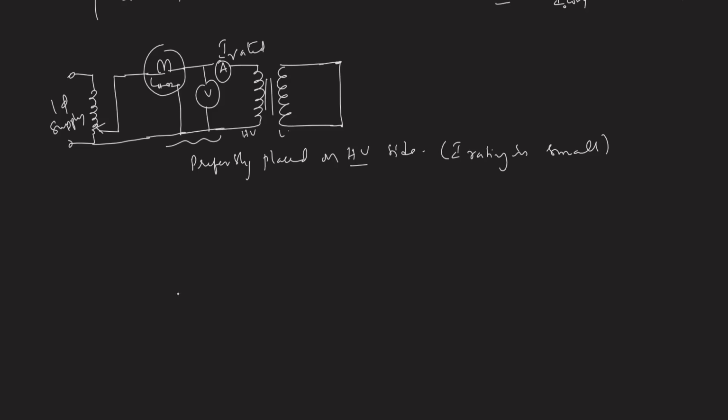This is the HV side and this is the LV side. So I will be varying this variac till the rated current appears on this ammeter, and then I'll note down the wattmeter reading and voltage. This is VSC and this is WSC.